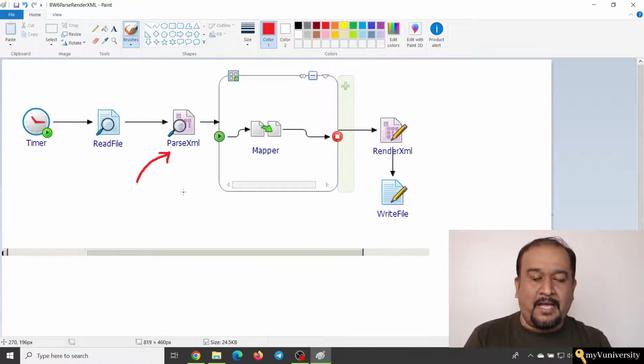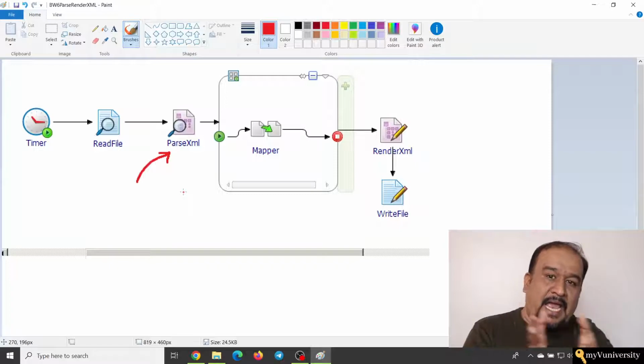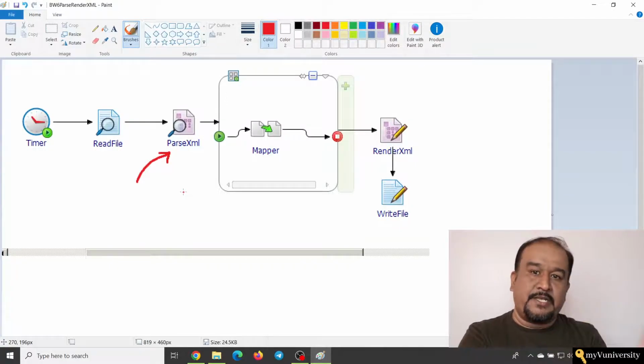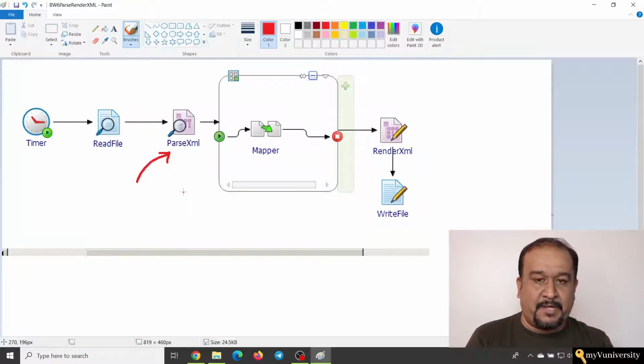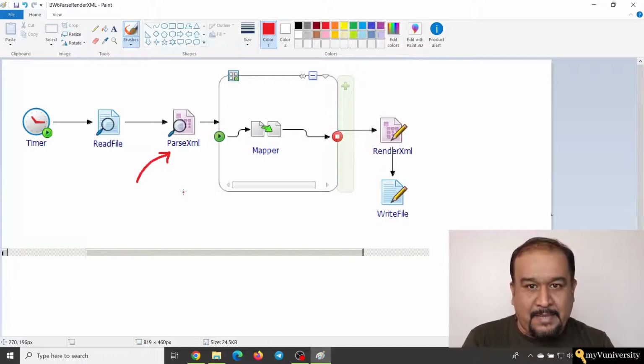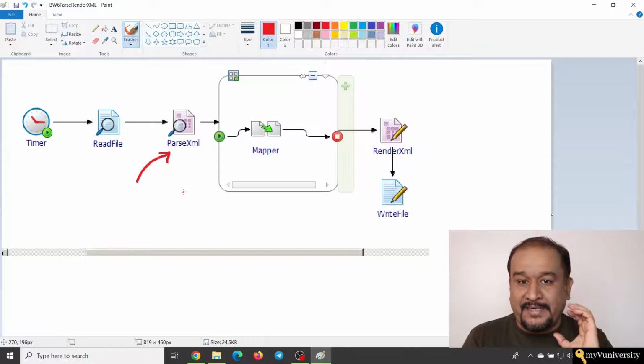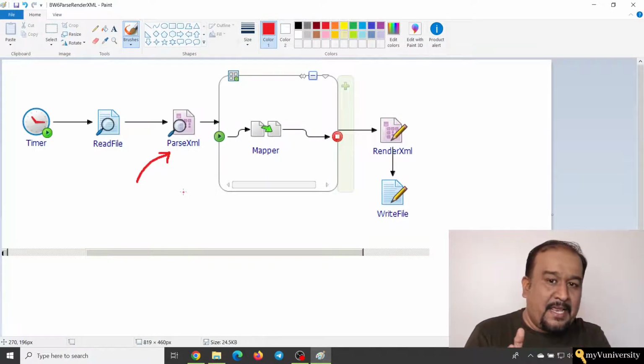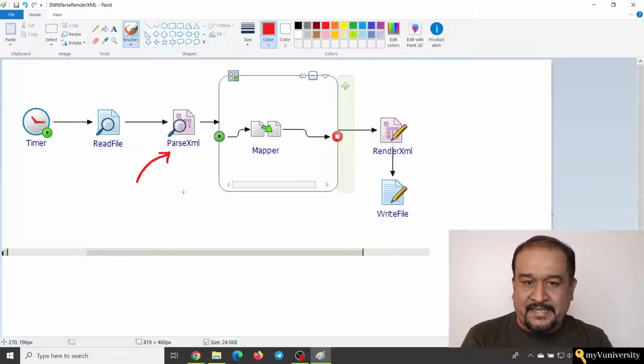With that schema, that XML will be understood, and then that XML will be parsed, and the next set of activities will use whatever the content is in that XML. So in short, whenever you have incoming XML, at that time Parse XML does the job of reading that XML and understanding that XML and passing on details in that XML to the next set of activities.